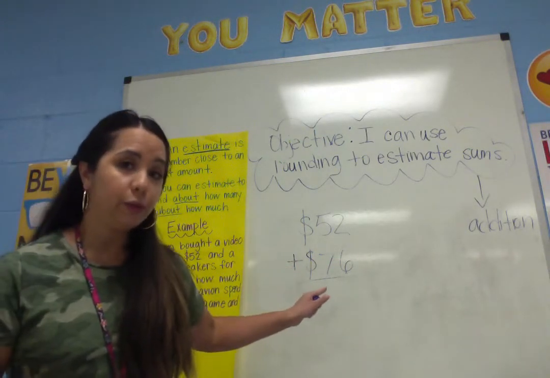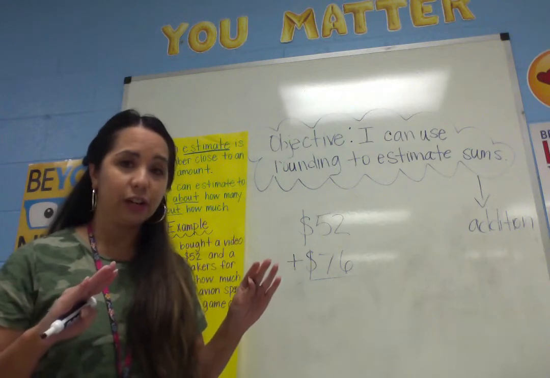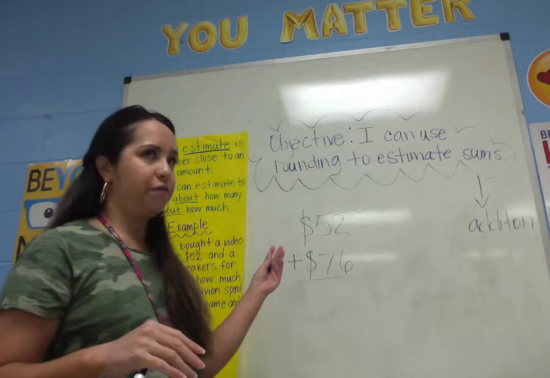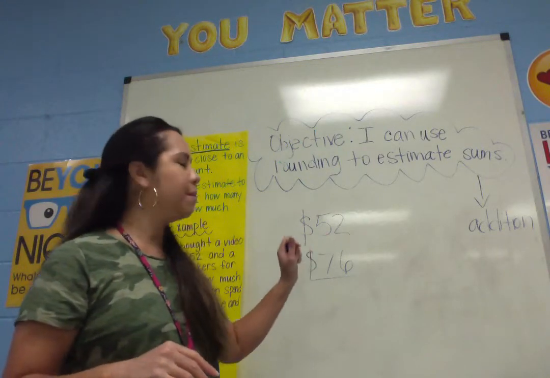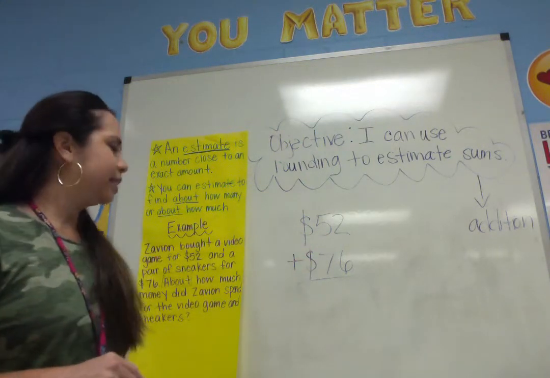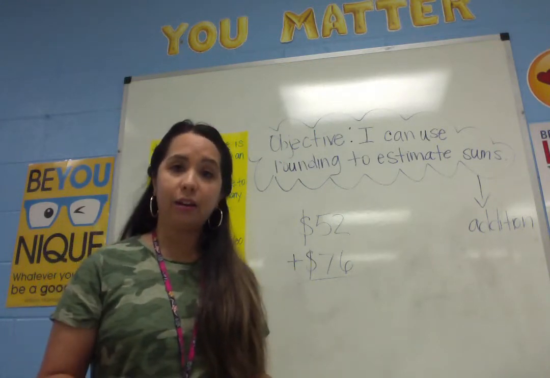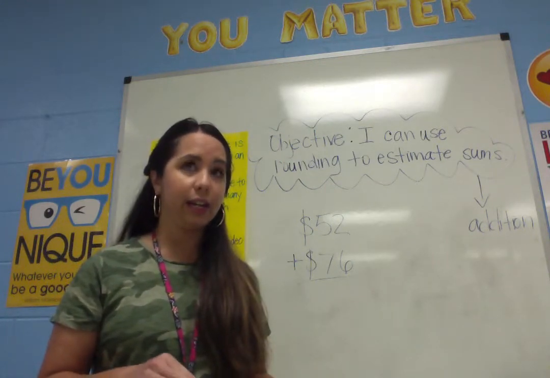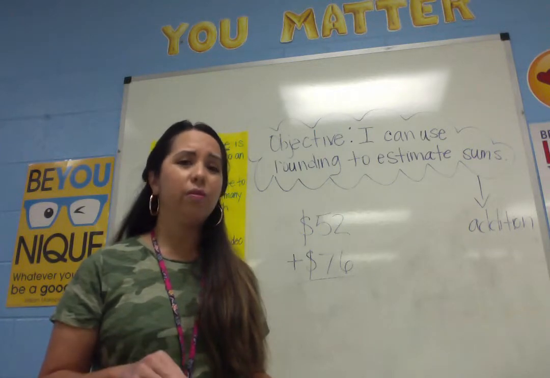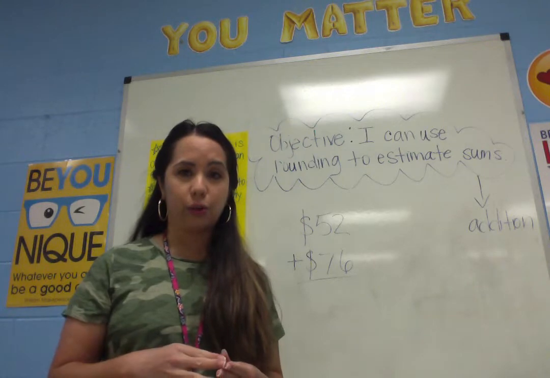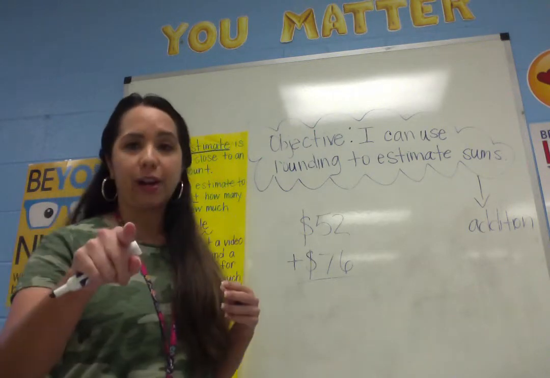So if we were to get the exact answer to let us know how much money Xavion spent on that video game and his sneakers, we would just add. Okay, but today we're not getting the exact answer again. We are estimating. We want to get the closest answer to the original total. Okay, and we're going to do that by rounding.